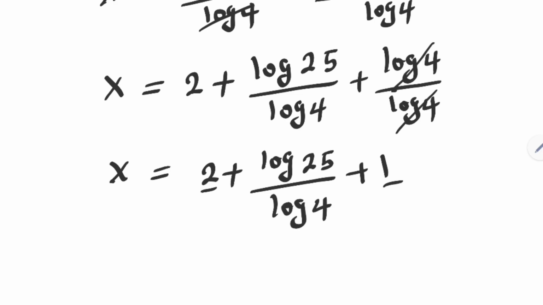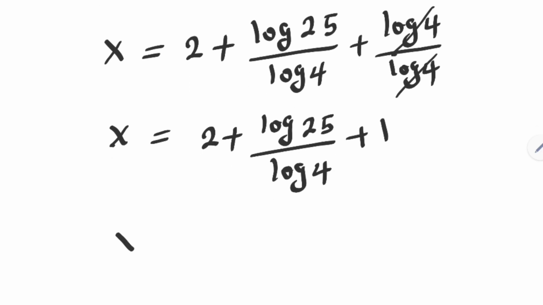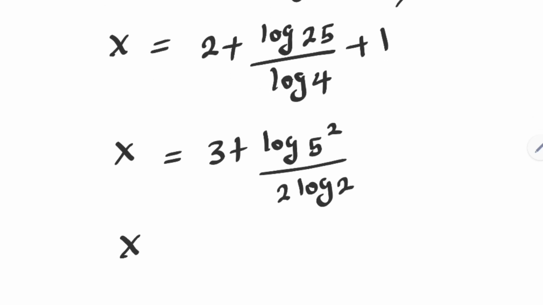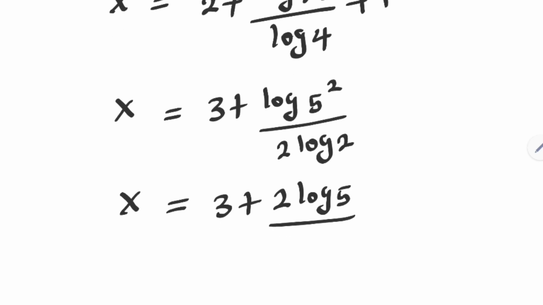Then 2 plus 1, that is 3. s is equal to 3 plus this log 25 can be written as log 5 square divided by this log 4 can be written as 2 log 2. s is equal to 3 plus 2 log 5 divided by 2 log 2.